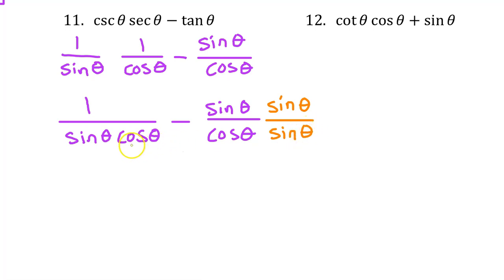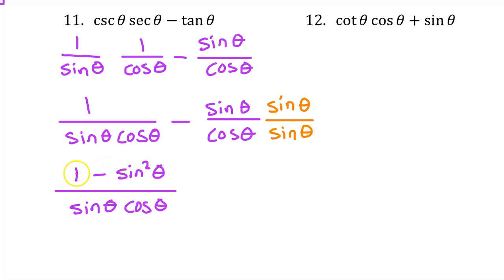Now we have a common denominator, so we can combine these fractions into a single fraction using the common denominator. In the numerator, we have 1 minus sine squared theta. In the denominator, we have the common denominator, sine theta cosine theta.